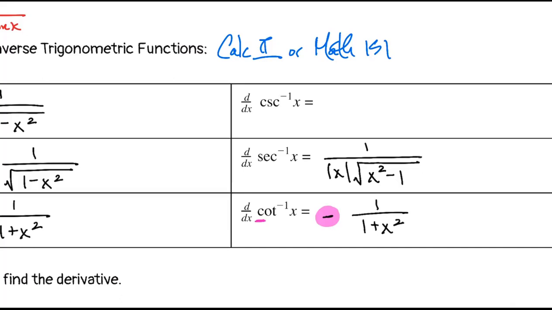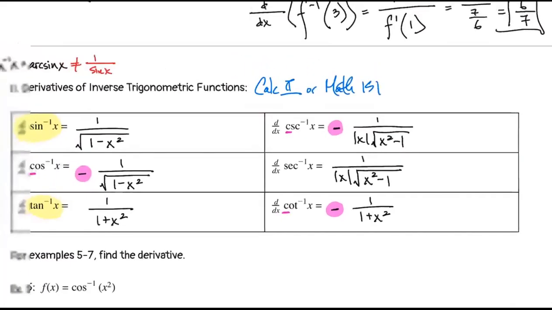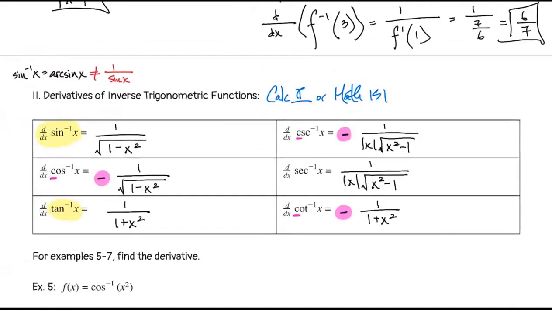Now if you know this one, what do you think is going to be true about the derivative of inverse cosecant? Yeah, it's going to be your secant one, but negative.